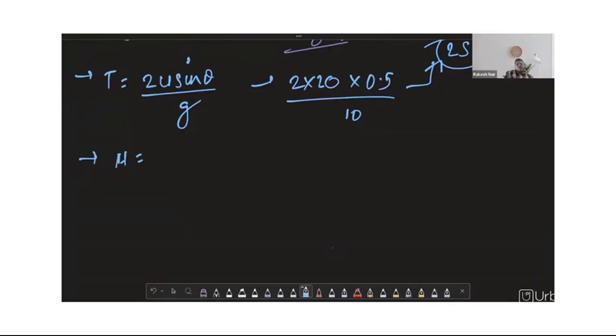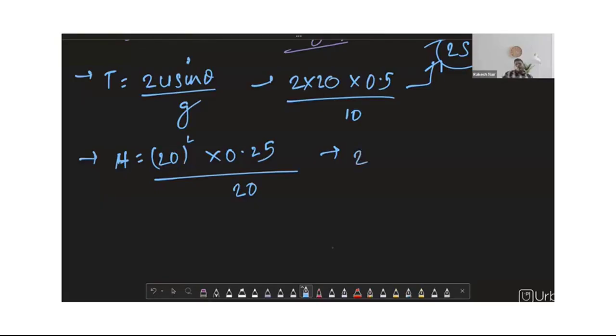H is equal to height, which is u square, that means 20 square into 0.25 upon 2g. Upon solving, 20 gets cancelled by 20 and 20 remains into 0.25.